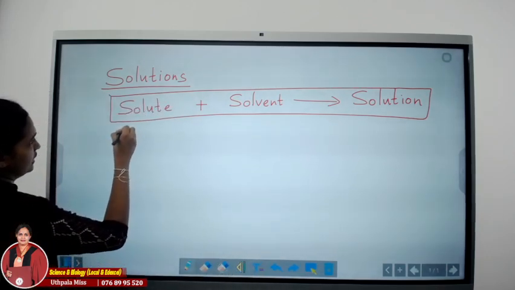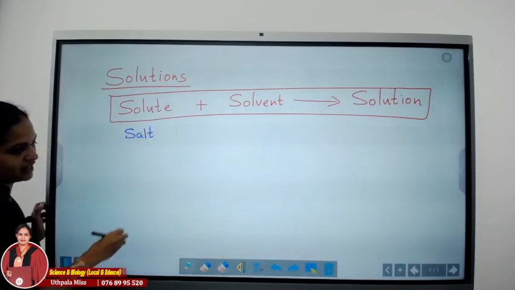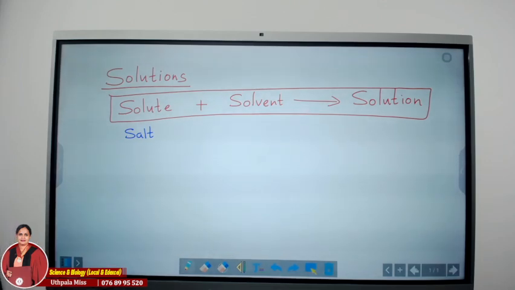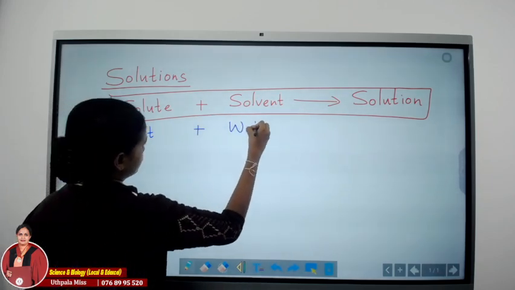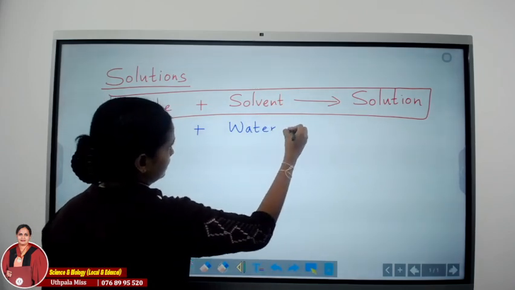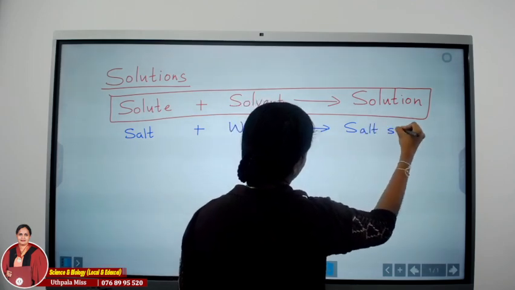So, if we give an example, salt is the solute. The one which is used in a little amount is the solute, right? The substance that is dissolved in the solvent is known as the solute. So, salt and water, that is a salt solution, right?